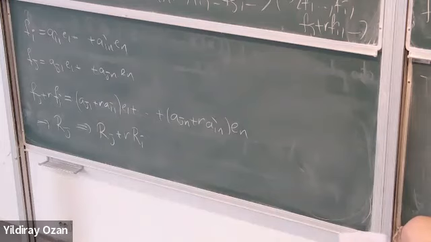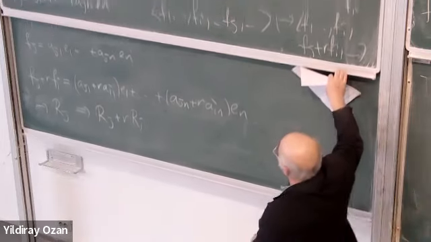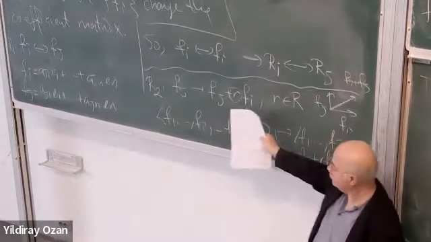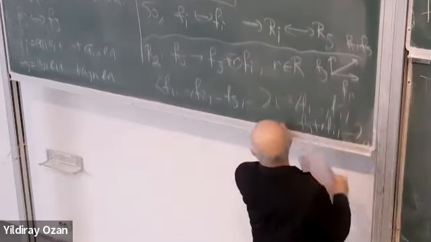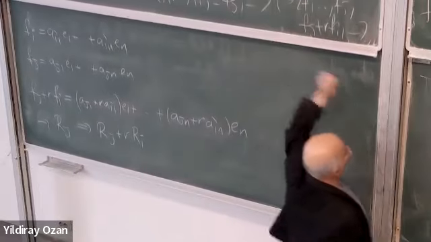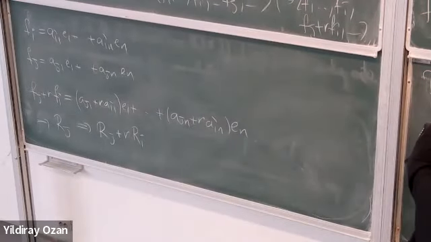So this corresponds to R2. Right, R2. What about R3? Third type of row operation. Okay, it is the following.